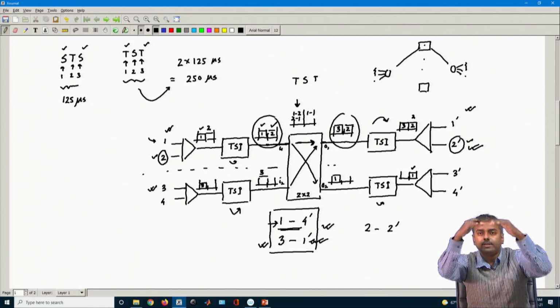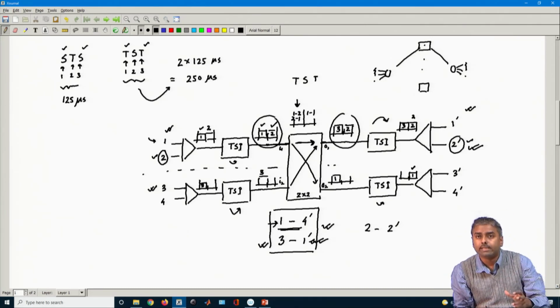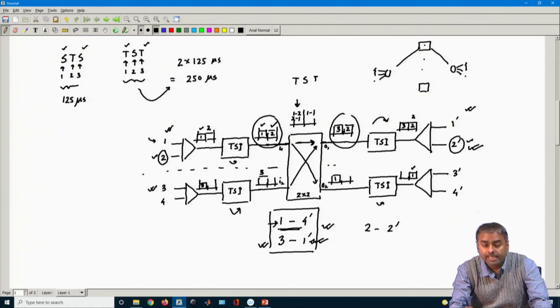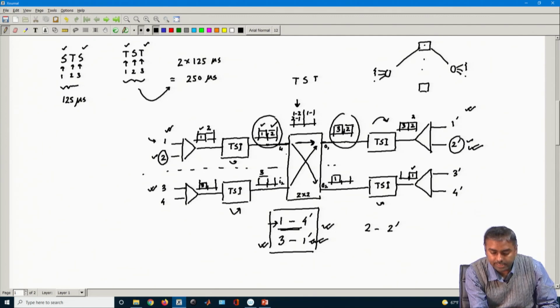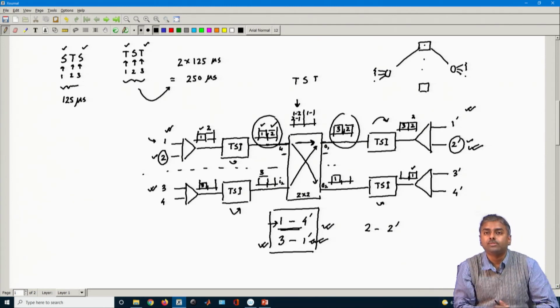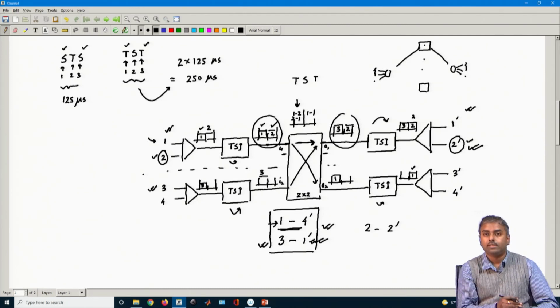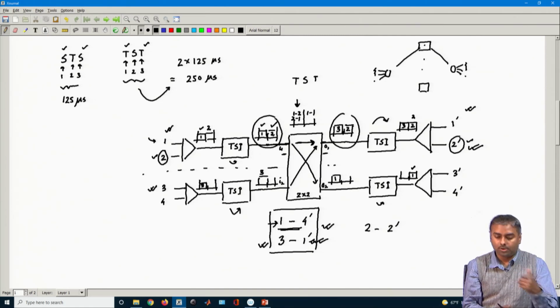Because 2 to 2' you have to give connectivity, 2 is associated with this TSI, so it must be occupying some of the first port of the space switch. In the first port of the space switch, we are sharing these slots. So, probably it is getting blocked because there are not enough slots.